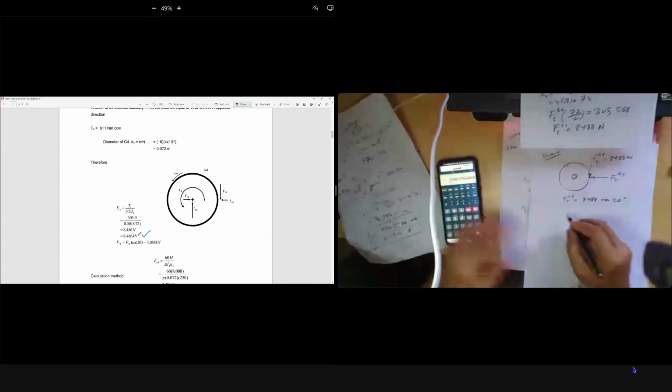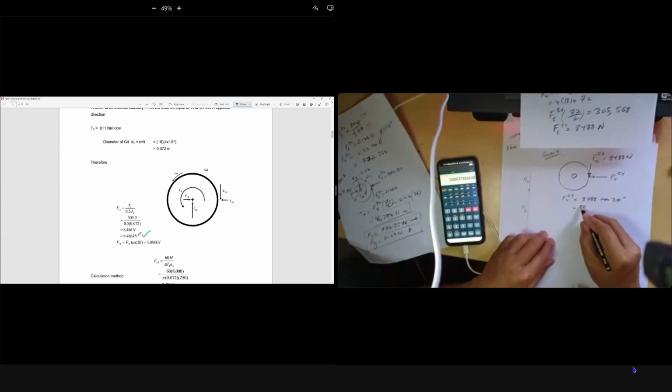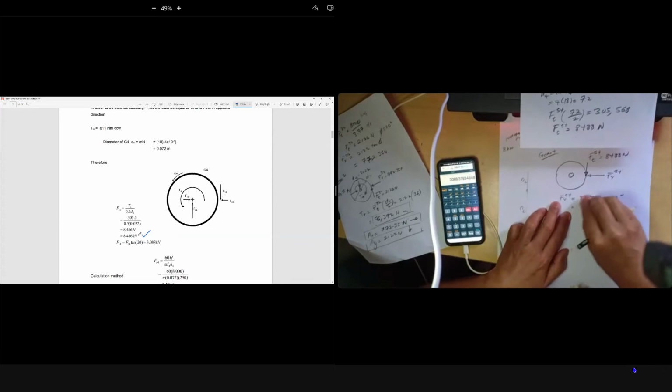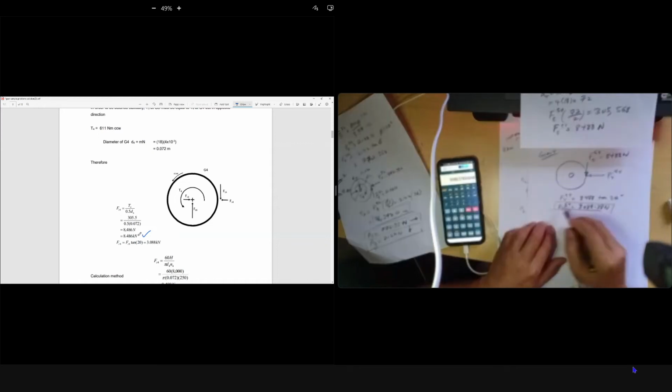So F radius 54 is 3089.38 Newton. Okay, so F54 ni already calculate.